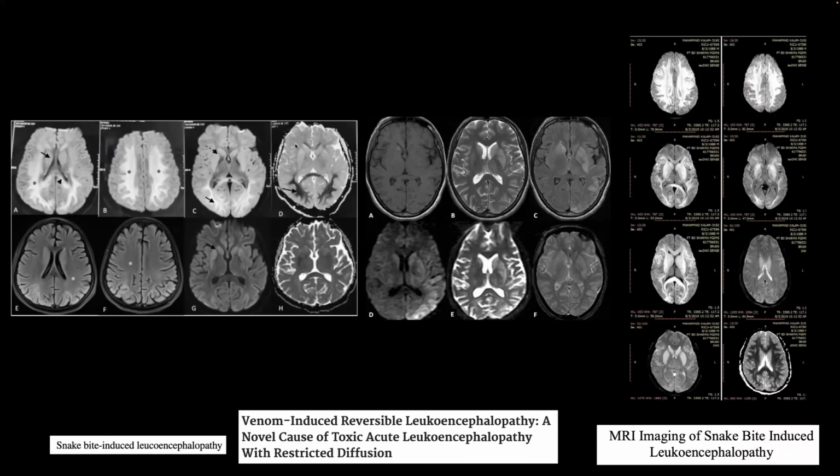So white matter changes and deep brain nuclear abnormalities have been described with neurotoxic venoms, but I have to check if cobra is the snake that caused these changes. Sure. Out of the Indian snakes, I think cobra is the one which is supposed to be neurotoxic.